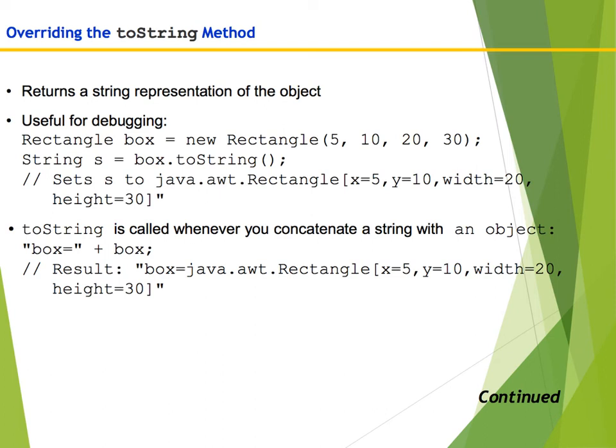I'm going to show you in the next slides how to override a toString method so that it can print out these meaningful strings.